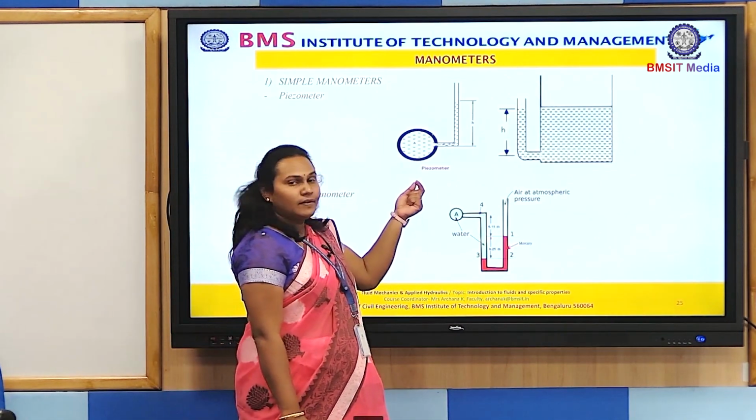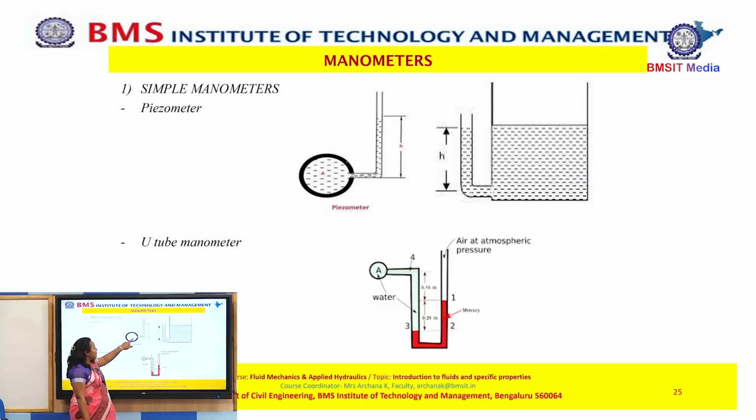Now a question for you to think about is, when will the fluid rise in this piezometer? The fluid will rise only when the pressure inside the pipe is higher than the atmospheric pressure. Only when you have high pressure in the pipe, the rise will be there. Higher the pressure in the pipe, higher the height or rise of the fluid in the tube.